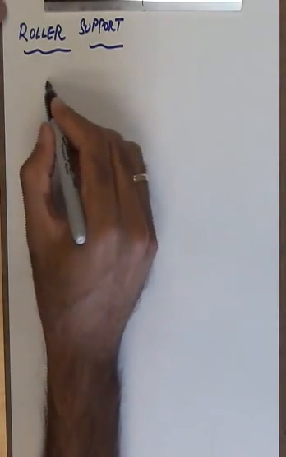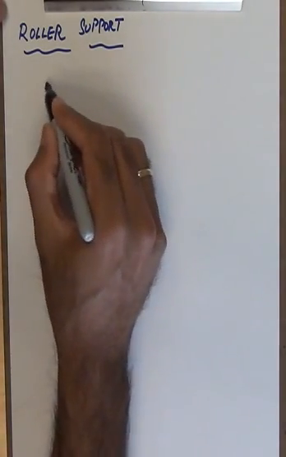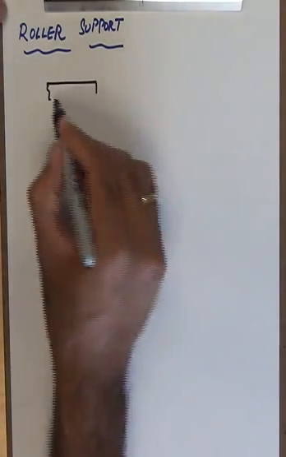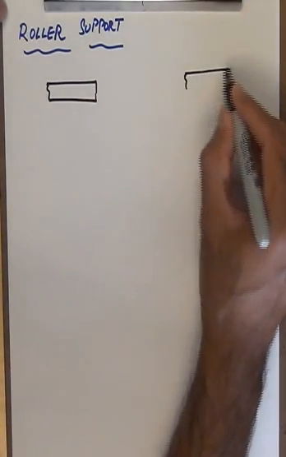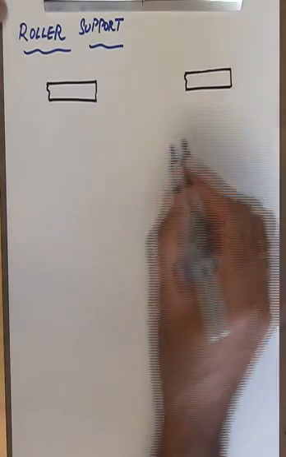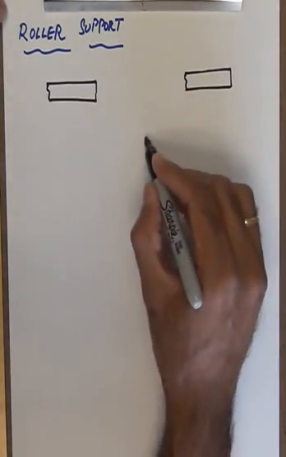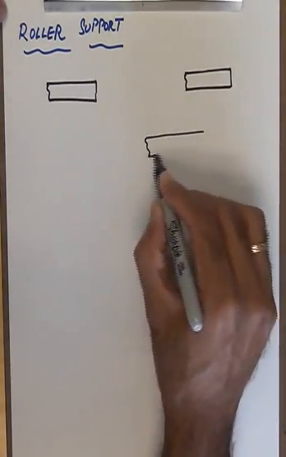Common ways of drawing roller supports. I'm going to draw two of the ways. The first one is what we have in our problem. I'm looking at an isolated roller support. The second one is typically what you will also see commonly done, and then perhaps the third way is by making use of a rocker element.